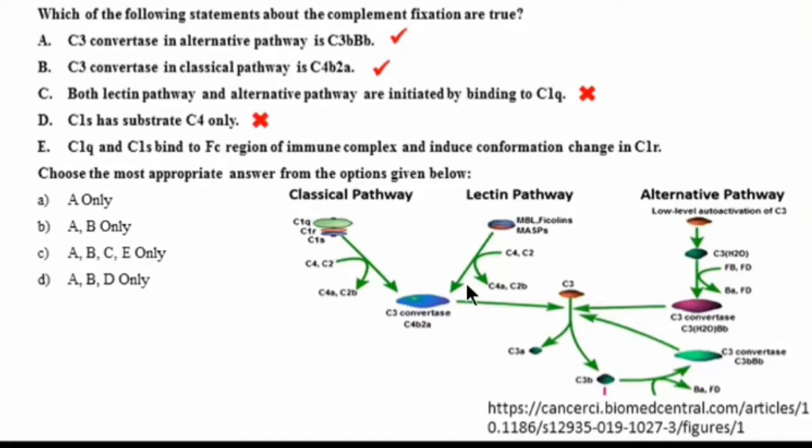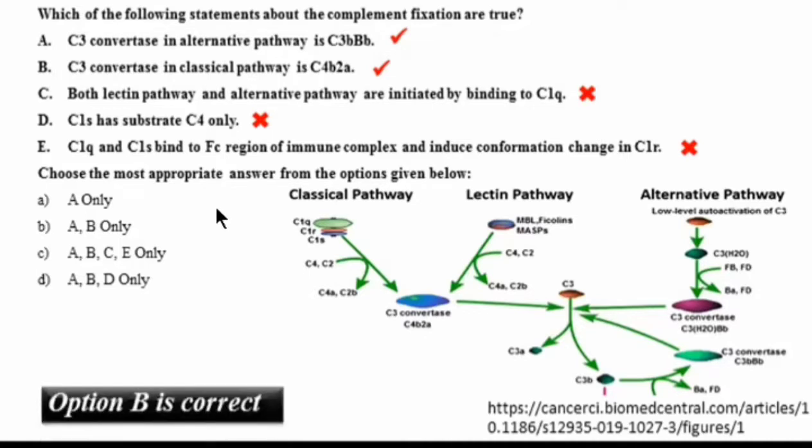So this statement is also incorrect. The next statement is C1q and C1s bind to Fc region of immune complex and induce conformation changes in C1r. However, C1q interacts with the Fc site of antibodies, so this particular statement is also incorrect. Hence, the correct answer to this question is option number B, A and B only.